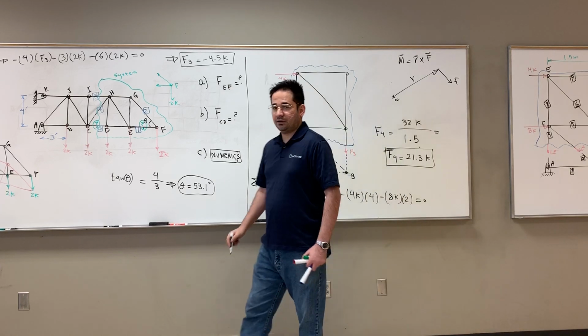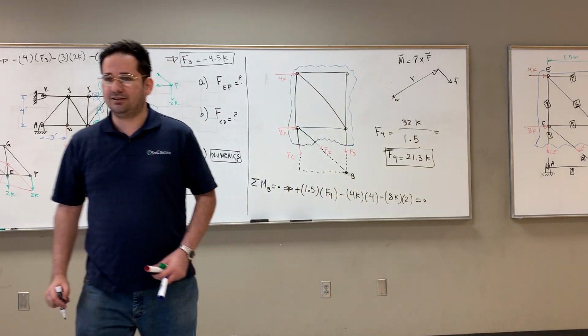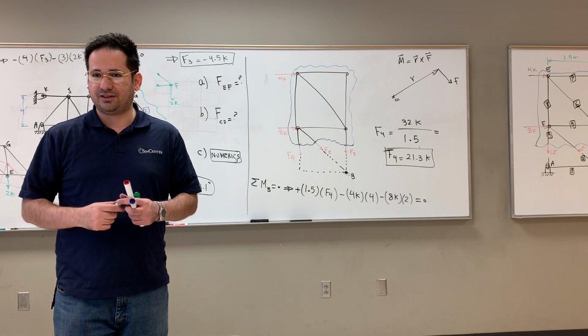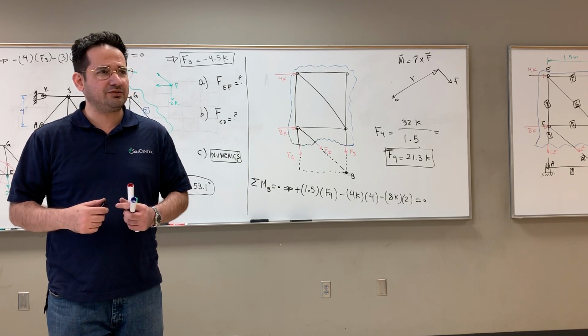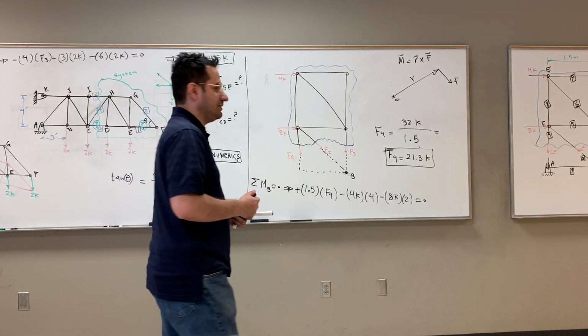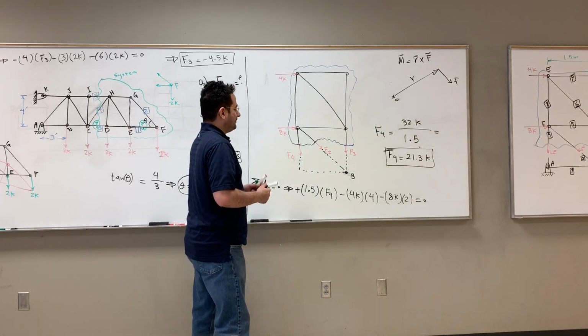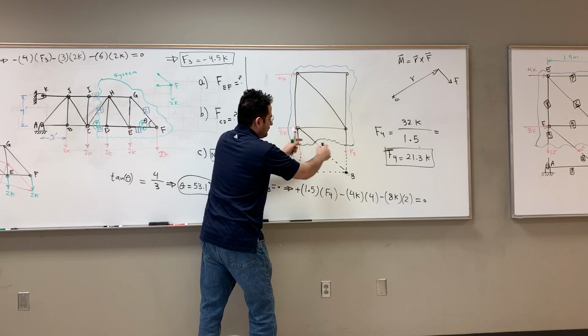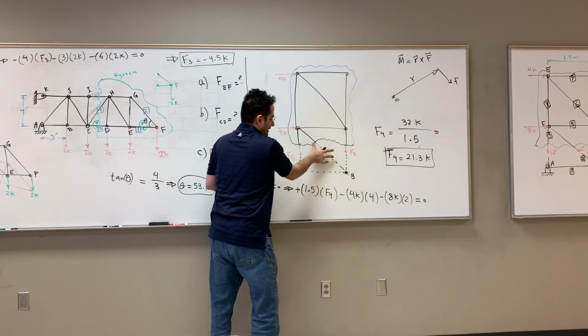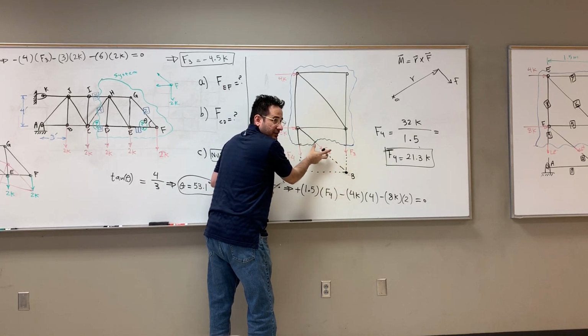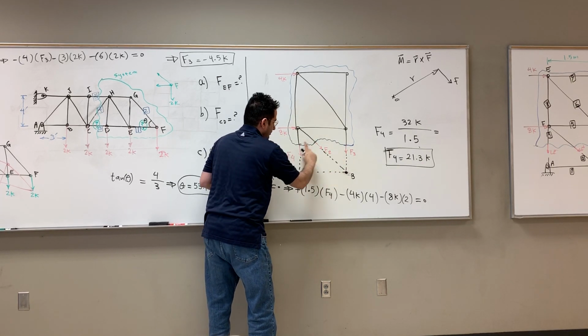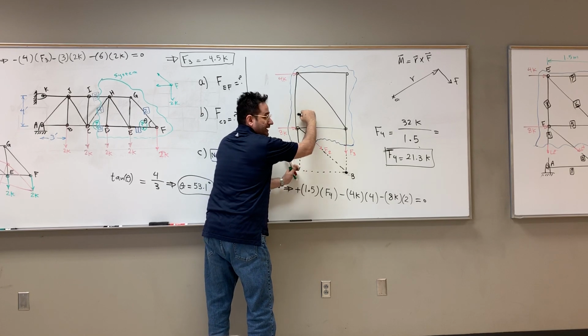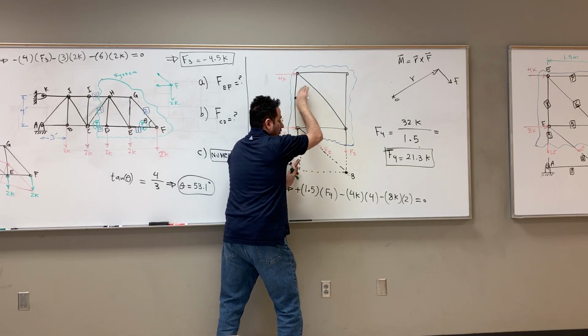Well, this is like a tension. Do you think that we got the right number of compression or tension? Well, if you put a load like that, it's going to deform and compress this tube, right? But this one is going to elongate because it has to go like nose down this way.